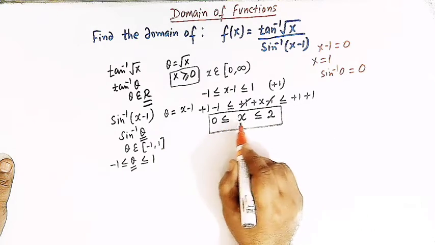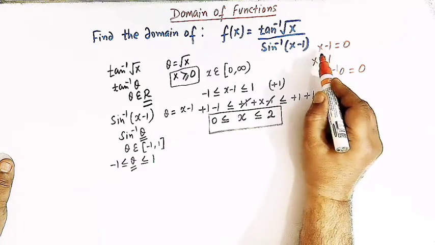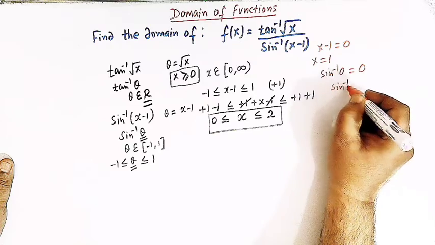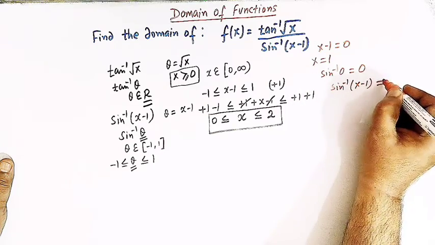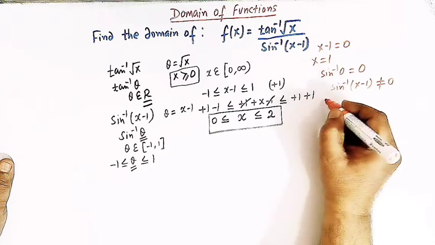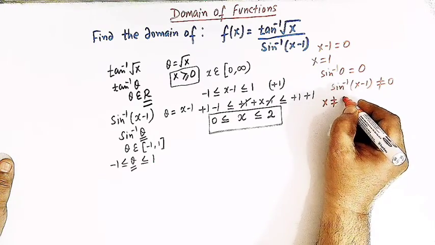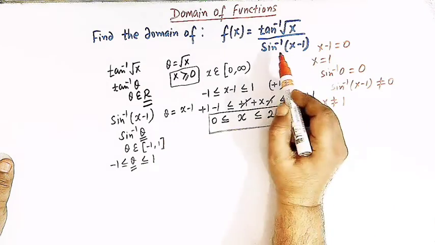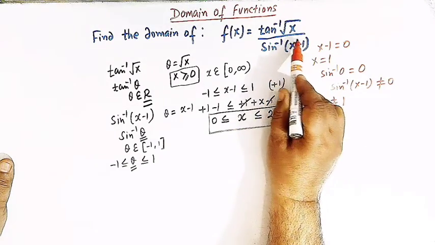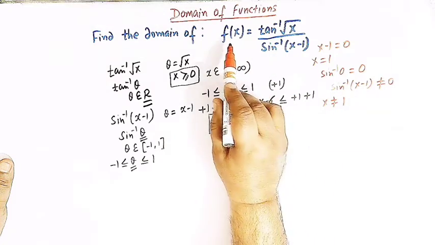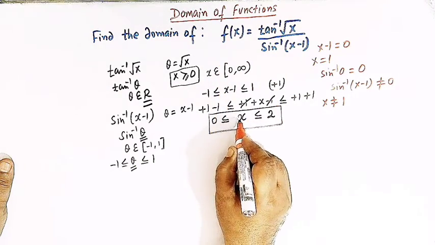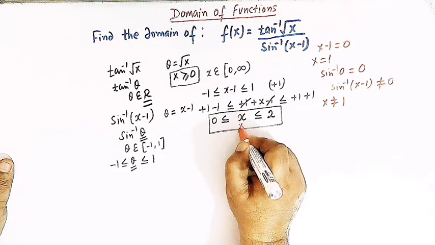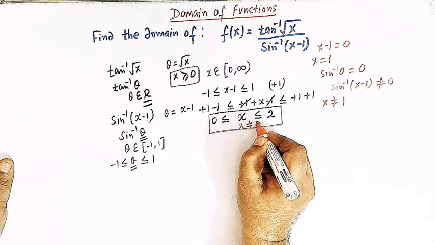So apart from this inequality, this sine inverse x minus 1 should not be equal to 0, right? So for this, x should not be equal to 1. So incorporating these two, for the domain of sine inverse x minus 1, which appears in the denominator of this function f of x, we have x greater than or equal to 0 but less than or equal to 2, and x is not equal to 1.